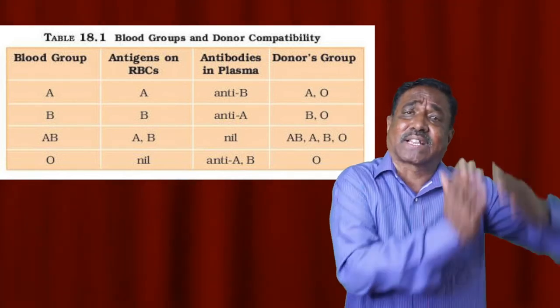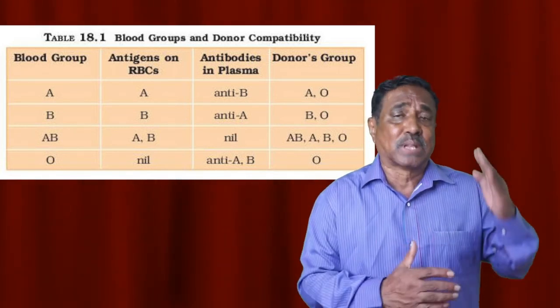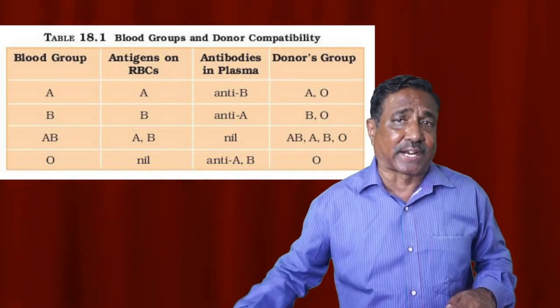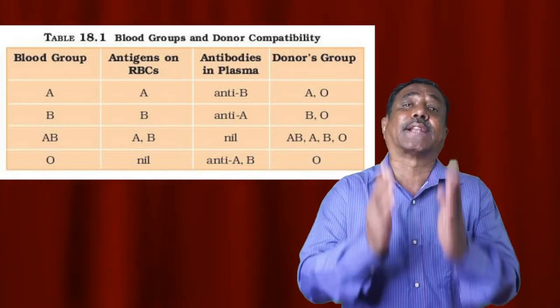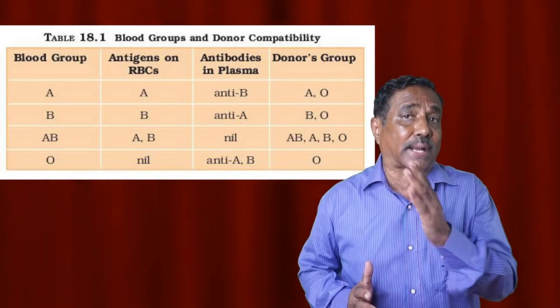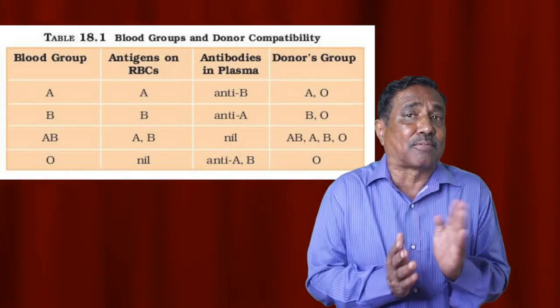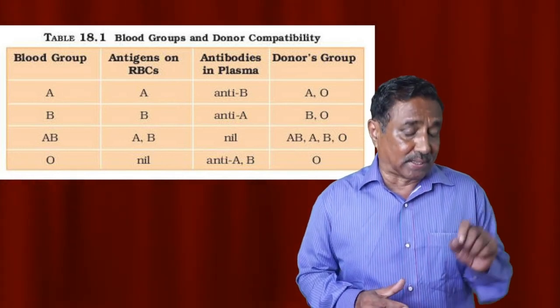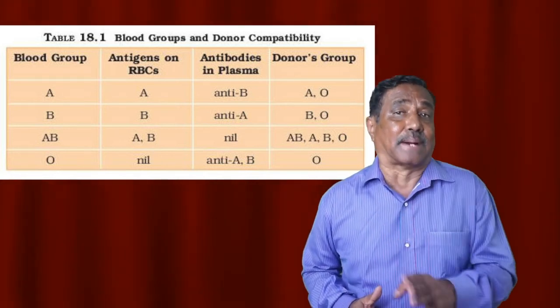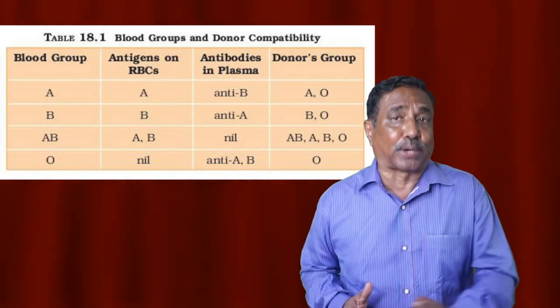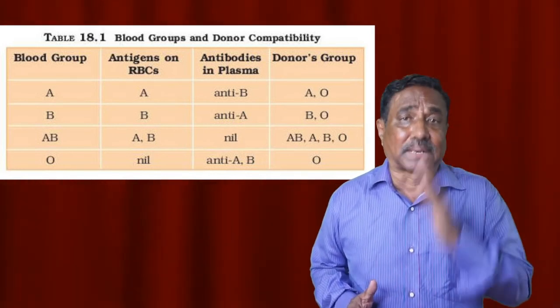When a man with Rh positive, the two dominant, marries a woman with Rh negative, the child will have Rh positive blood group. So during the delivery, what happens? The mixing of the mother's blood with the child's develops antibodies. Antibodies are produced in the mother.